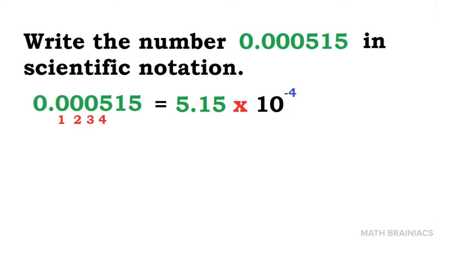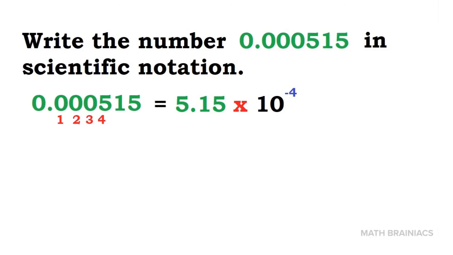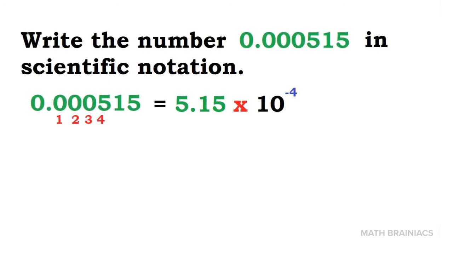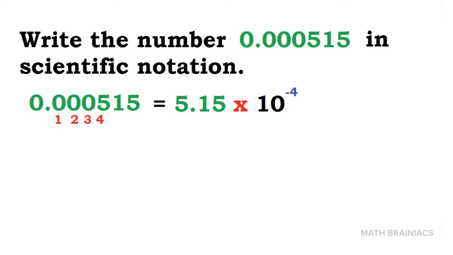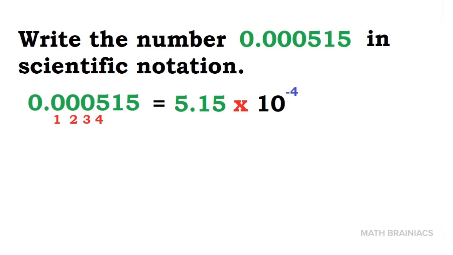I want you to take note of this. If the decimal point is going back to the right, our exponent will be negative. Accordingly, 0.000515 will give us 5.15 times 10 to the power of negative 4.